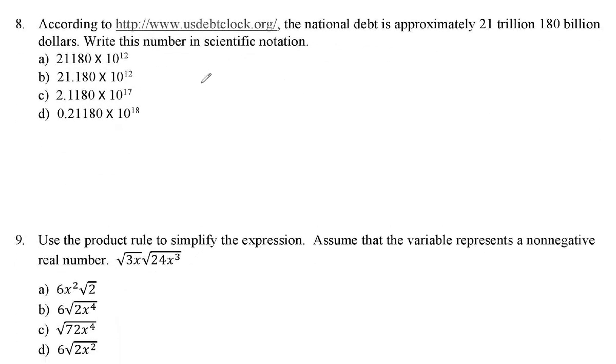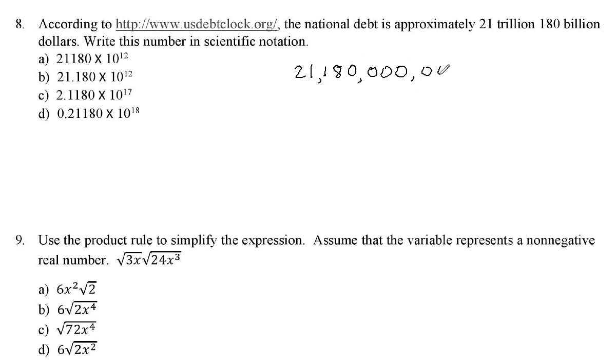And number 8, let's see here, according to the U.S. debt clock here, the national debt's about $21,180 billion, and we're writing that in scientific notation. So 21,180 billion, it's going to start out 21,180, and let's see here, if we had 3 zeros, then this 180 would be 180,000.